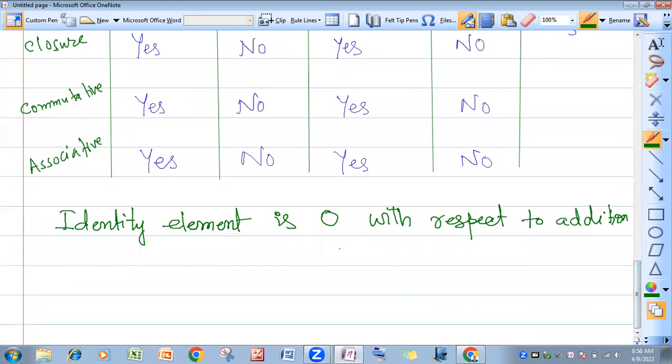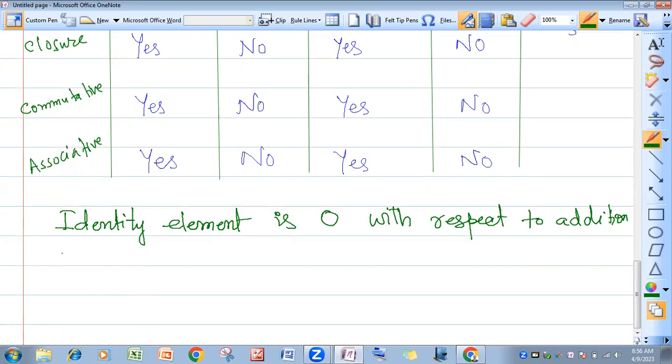So in case of whole numbers, the identity element is 0 with respect to addition, since 0 plus a or a plus 0 both give the value a. Here 0 does not change the value of other numbers, so it keeps the identity. So 0 is the identity element.